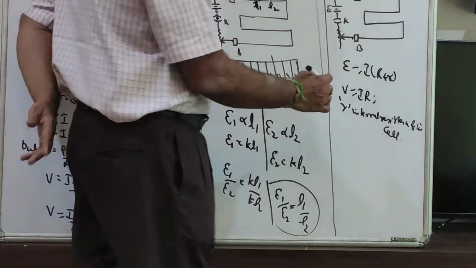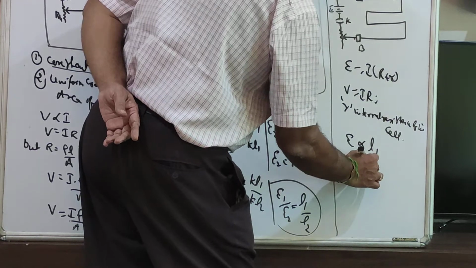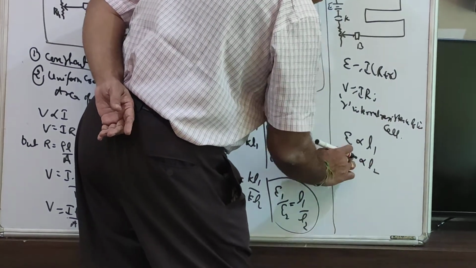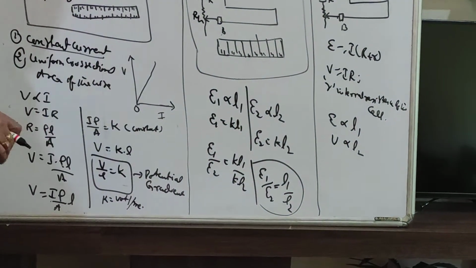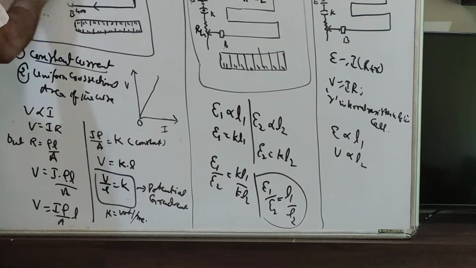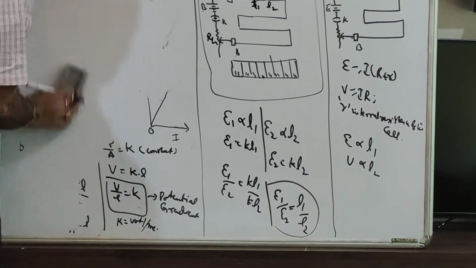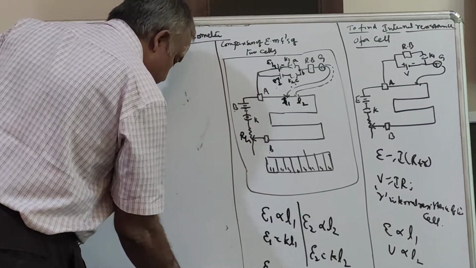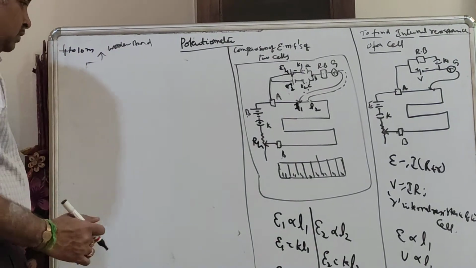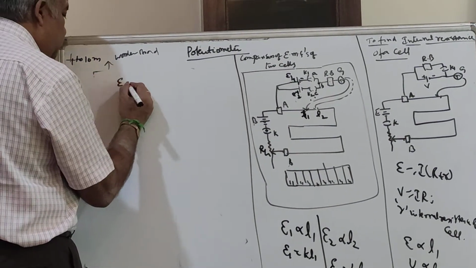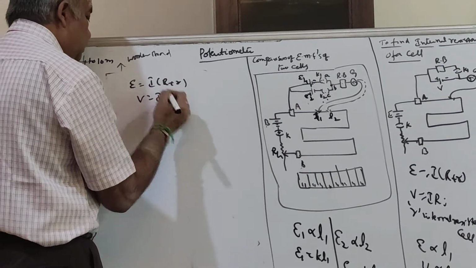As you know, E is proportional to L1 and V is proportional to L2. So E is equal to I into (R plus r), and V is equal to IR.